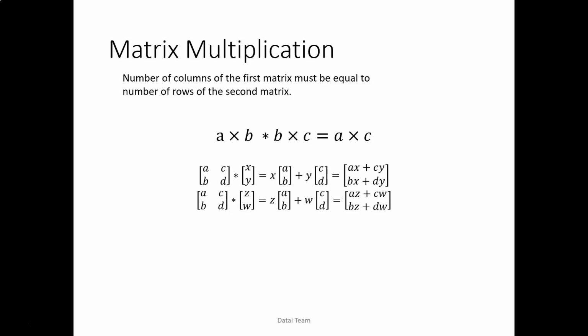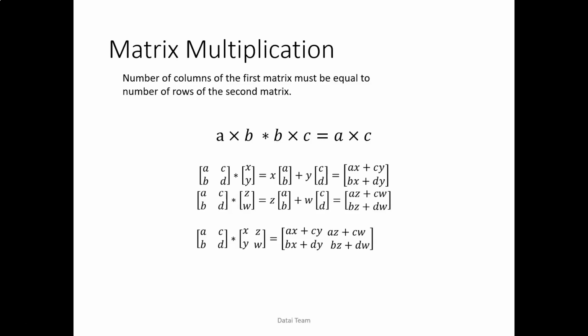And let's do that now. Let's look at this example. We have ABCD and XYZW. As you can see, we stacked the vectors XY and ZW horizontally, and just by looking at the final answer, the resultant vectors are also stacked and combined into a matrix.